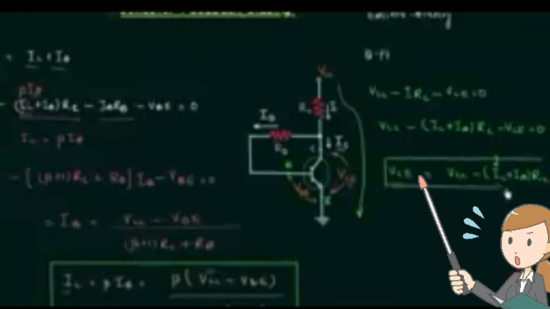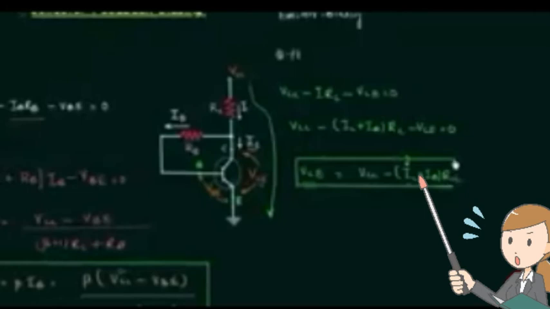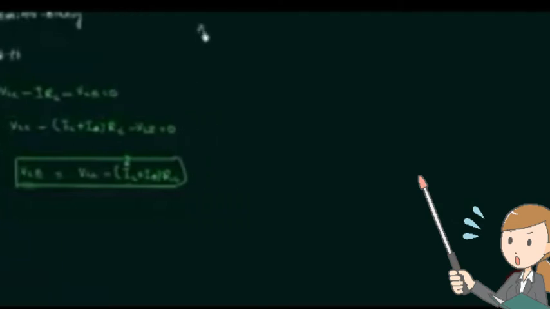And now we will move to the advantages and disadvantages of the collector feedback configuration. First, we talk about the advantages. The collector feedback configuration stabilizes the operating point against the variation of temperature.